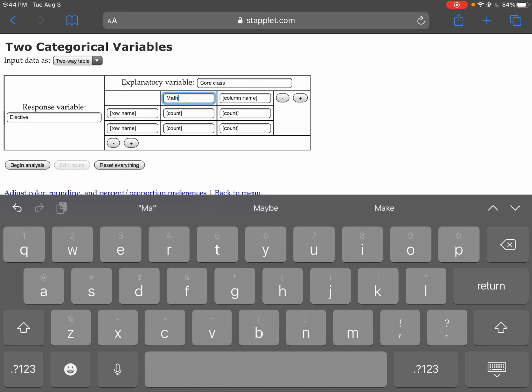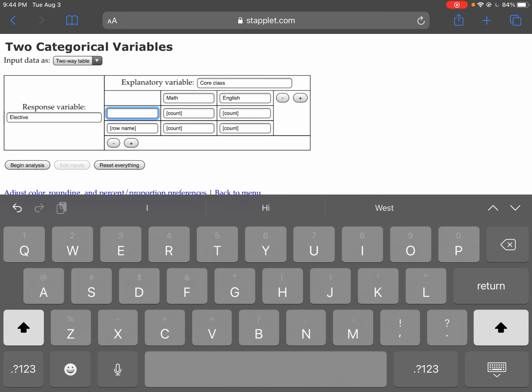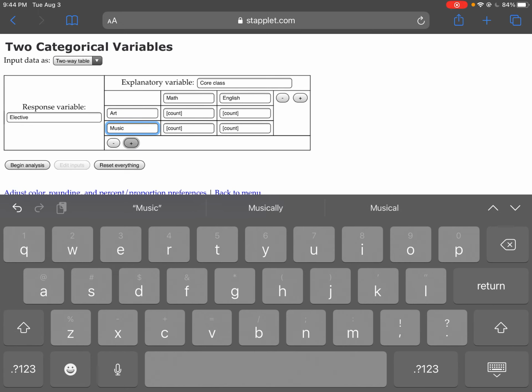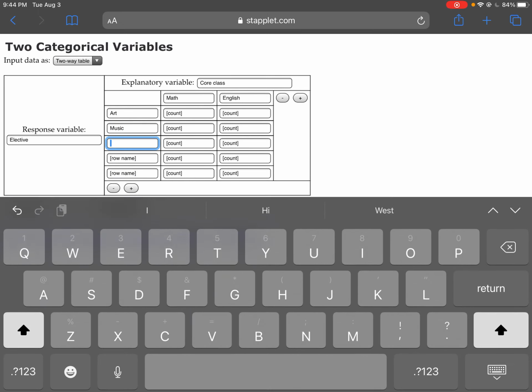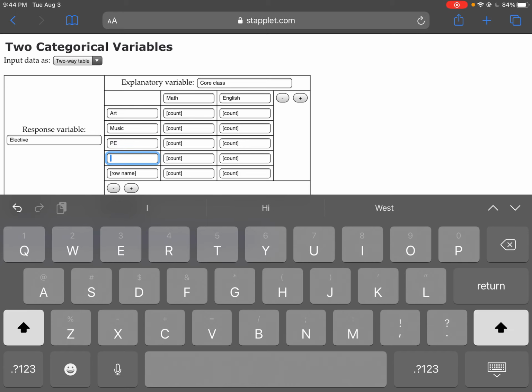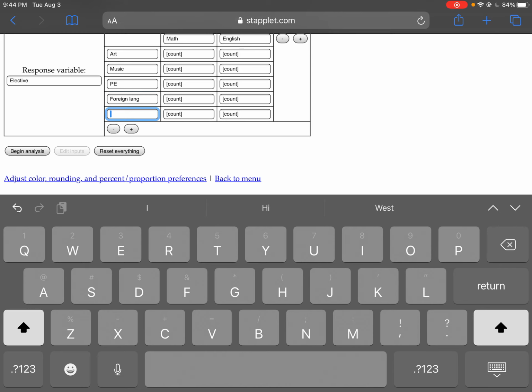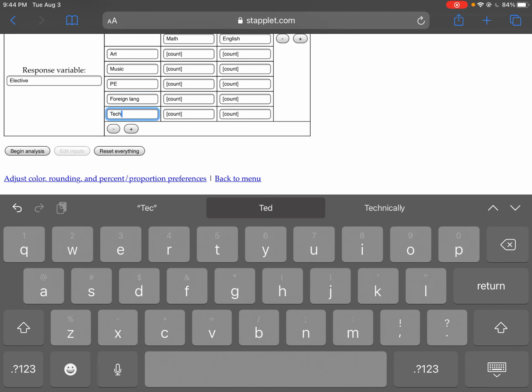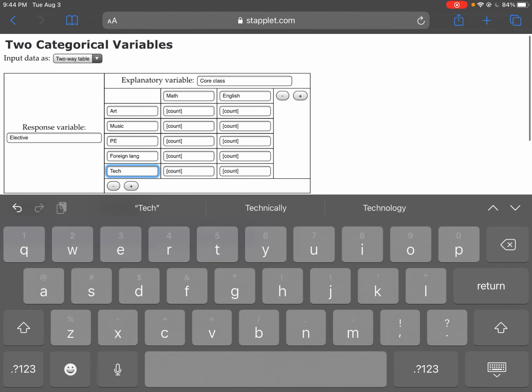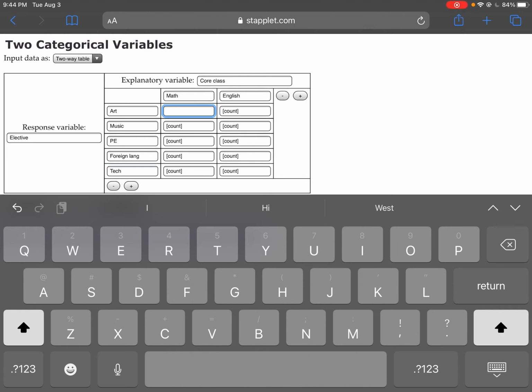Okay, we had math, we had English, and we had art, music, PE, foreign language, and technology. Okay, and the numbers were, what were they?